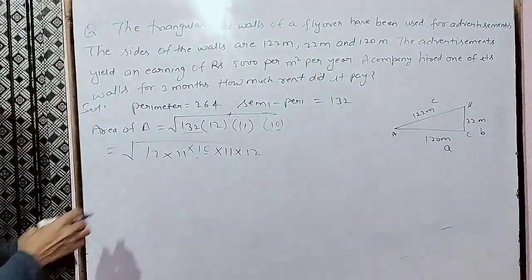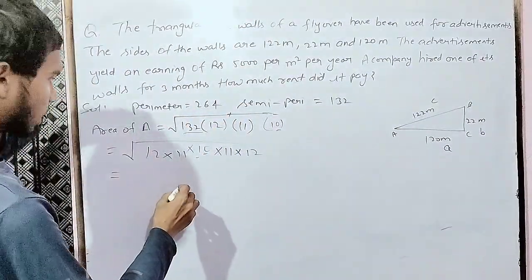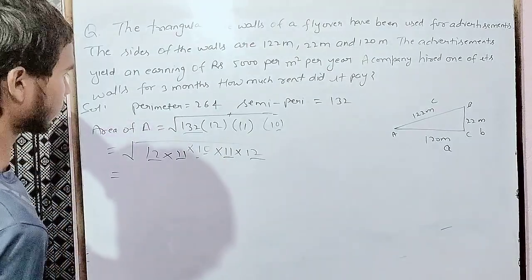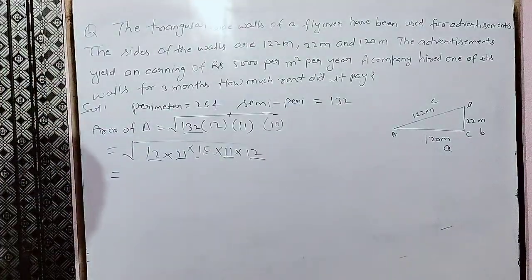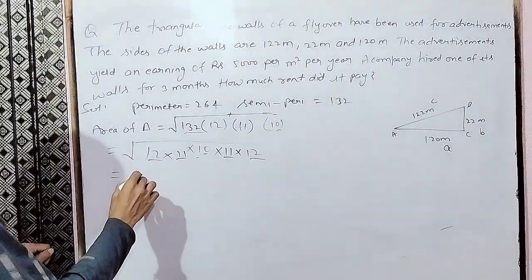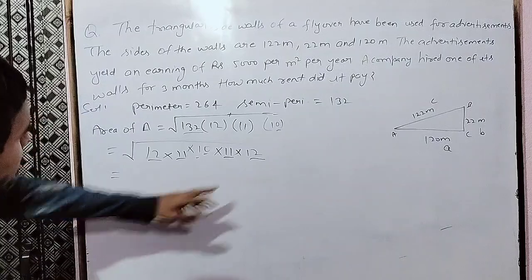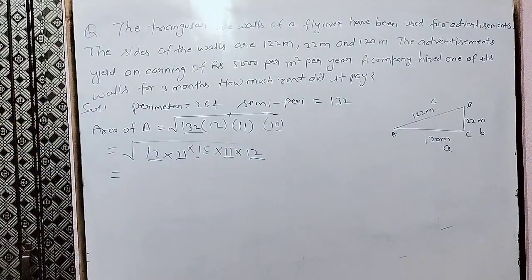Here we can say 12 two times, 11 two times. What else? Nothing else. So what about 10?